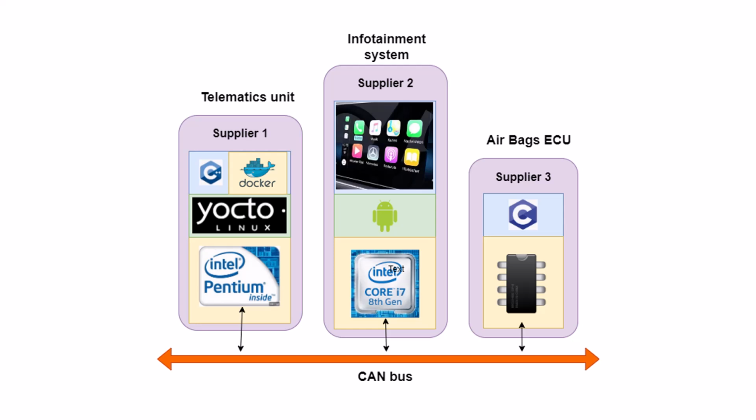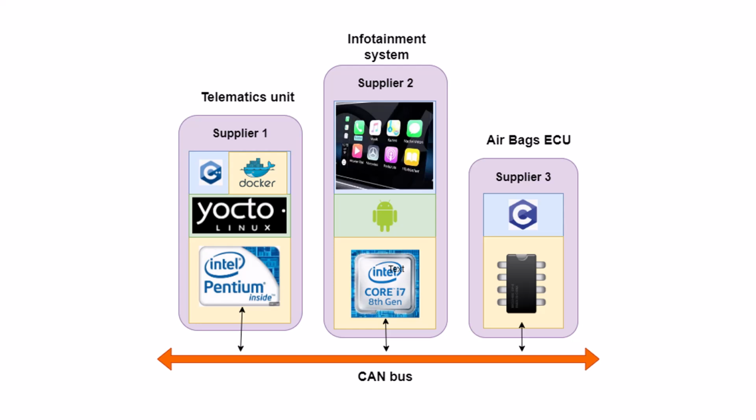But if you closely observe, the hardware capabilities of all these three are completely different. If you're talking about a telematics unit, you have an old generation processor. I'm not saying an old generation Intel, but I'm trying to explain with respect to the capability of that particular processor. You can think of it as a single core processor, maybe with 1 GB RAM.